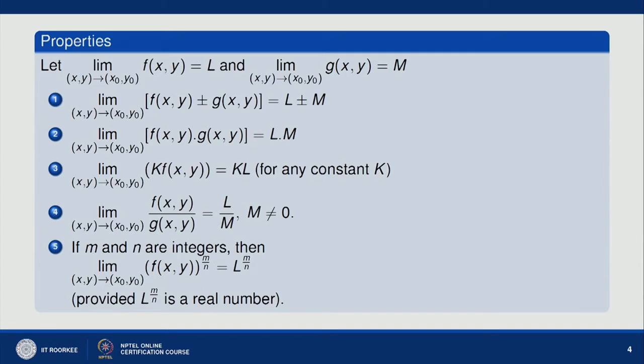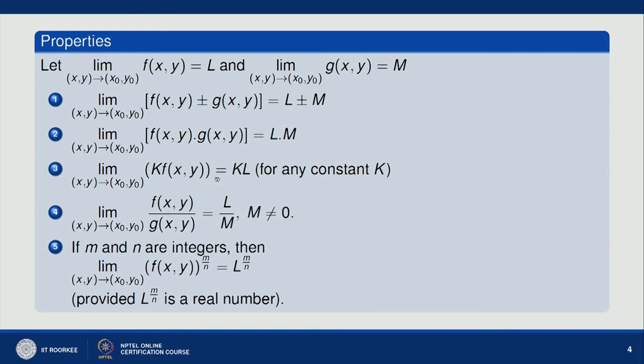First, we have some properties of limit. Now, suppose the limit as (x, y) tends to (x naught, y naught) of f(x, y) is L and the limit of g(x, y) is M. Then the limit of the addition and subtraction of f(x, y) and g(x, y) is L plus or minus M. Similarly, the limit of the product of two functions will be the product of the limits.